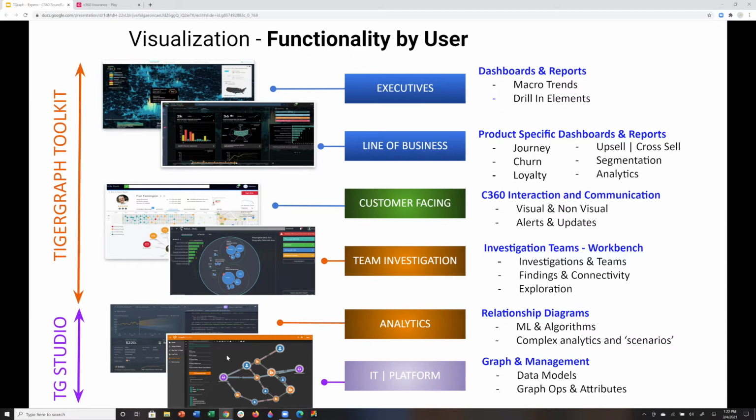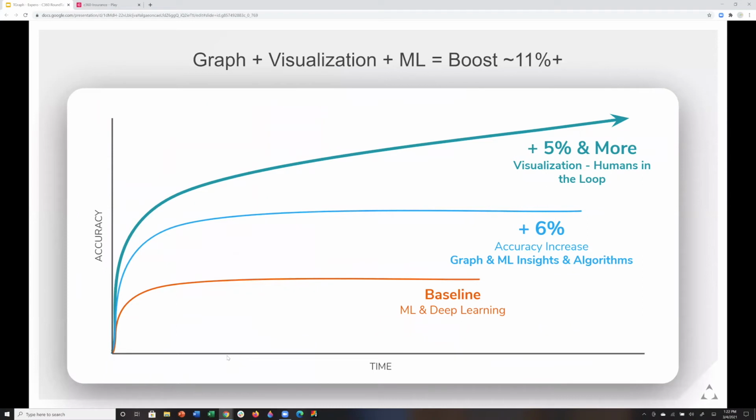That's our goal. Now, one of the things that Victor and Graham are going to point out is that this combination of using a graph, using this combined connected data, is 10 to 11% better when you take this baseline, which is what most people are doing today, and you integrate graph. How do I up the accuracy?